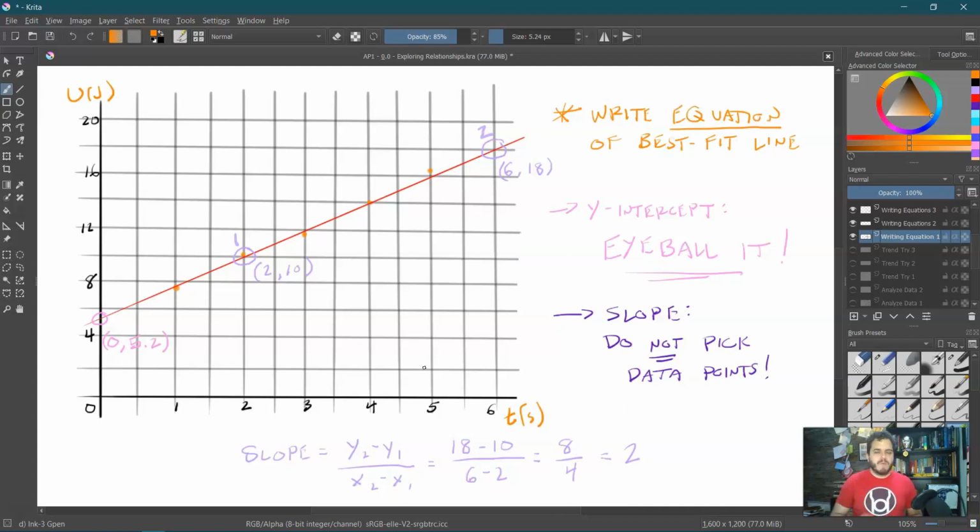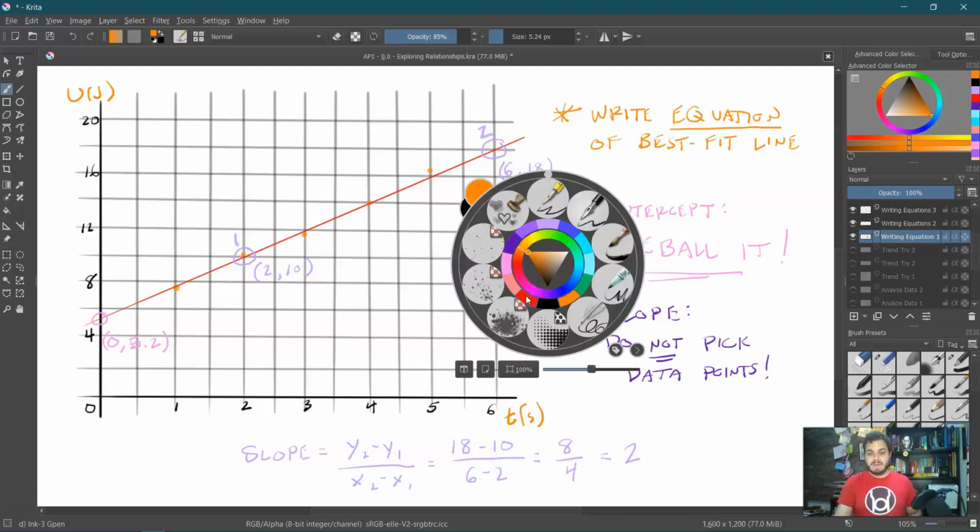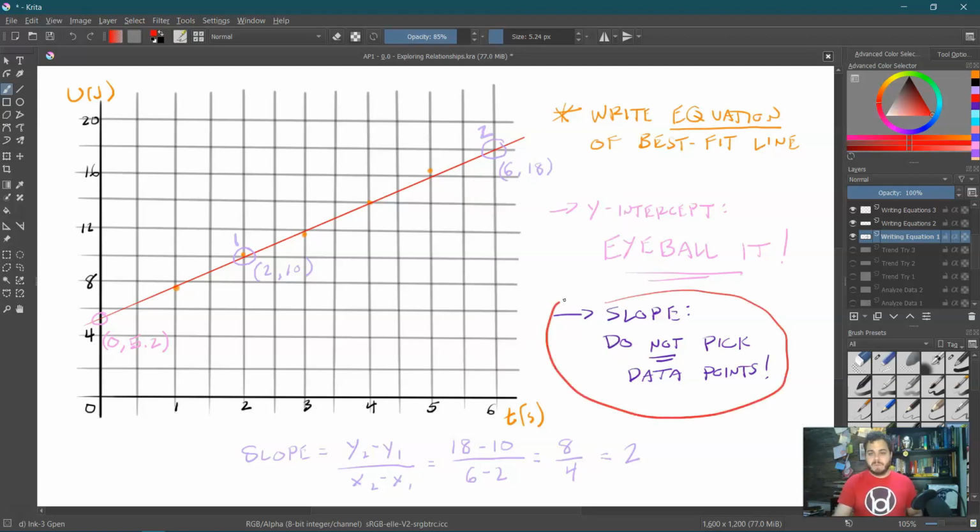But which data points should we pick on this trend line? First off, and this is key, do not pick the little orange data points here. You want to pick points on the trend line, not the data points. And why is that? Well, if you picked this data point here and this data point here, I would have a line going through these.